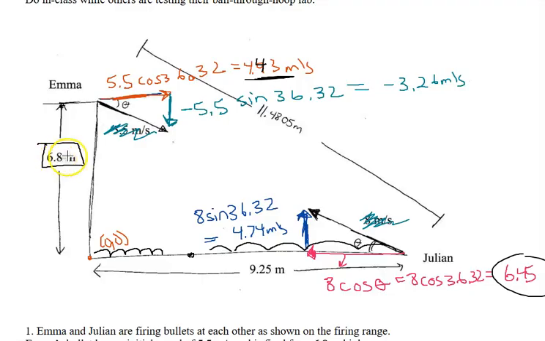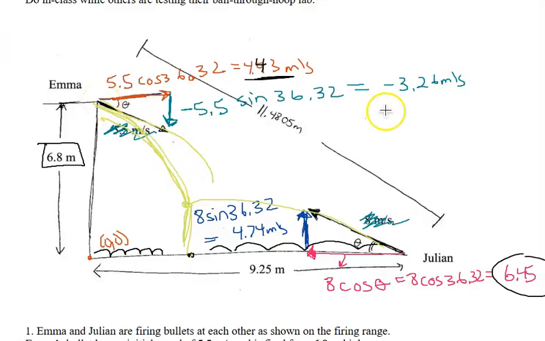Half a meter is way less than this, but remember, this was launched downward and gravity's pulling them both down. So maybe I'll do this in, this is falling and this is falling. Oops, maybe more like this. And so they collide at the X and Y values that we already found.